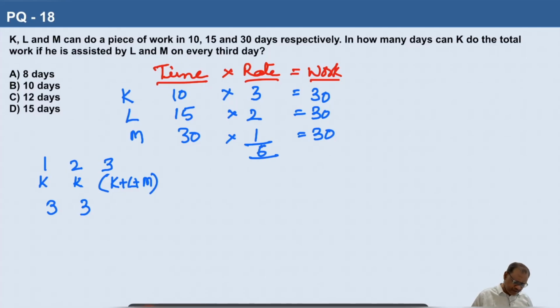So all 3 complete 6 units, as they are working on the third day. So this is the work of the first day, second day and third day: 3 plus 3 plus 6. So a total of 12 units is completed in 3 days.